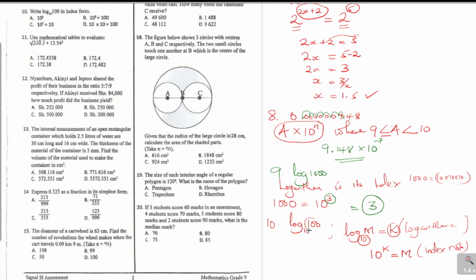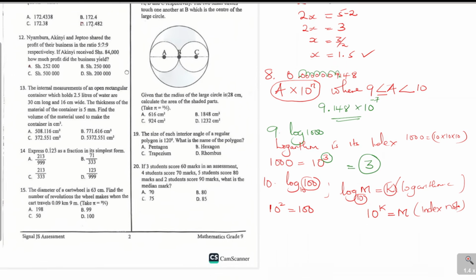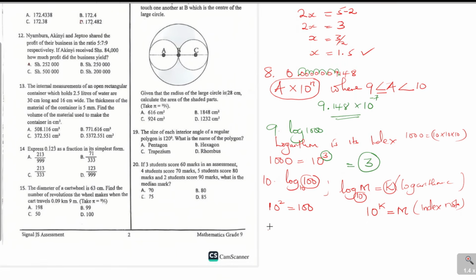Now look at what we have here. 100 is the same as 10 squared. As simple as that. So the logarithm of 100 to the base of 10 is the same as saying 100 is 10 squared.